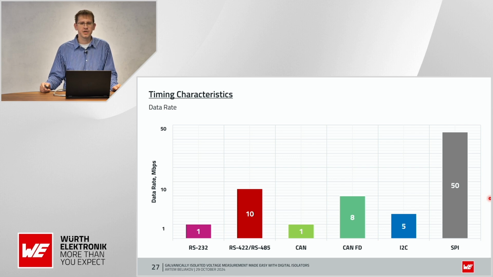On this slide, you can see the most popular interfaces on the market, like RS-232, RS-422, RS-485, different types of CAN interfaces, I2C interface, and SPI interface. You also can see here the maximum data rate for the current interfaces.